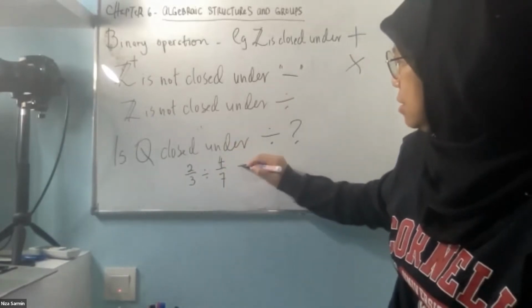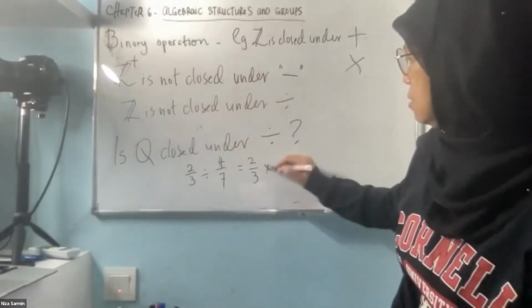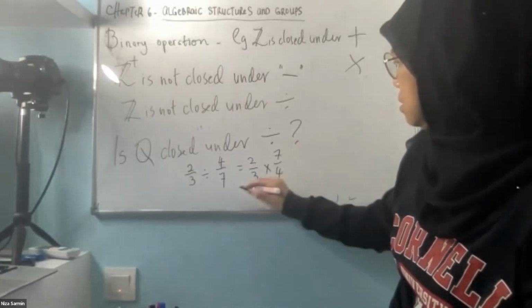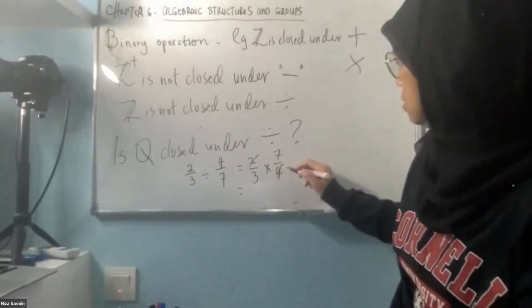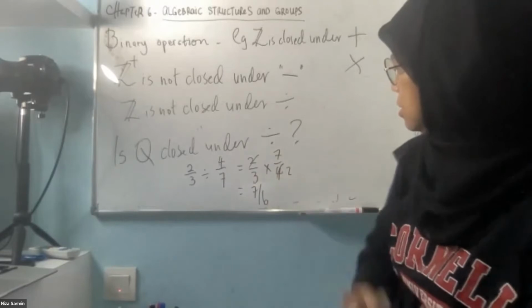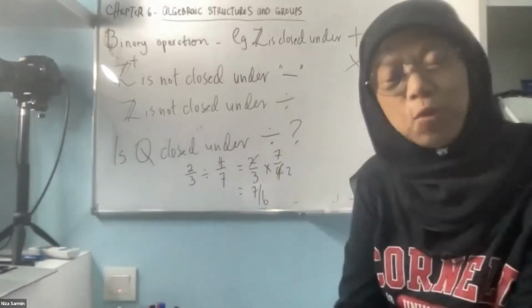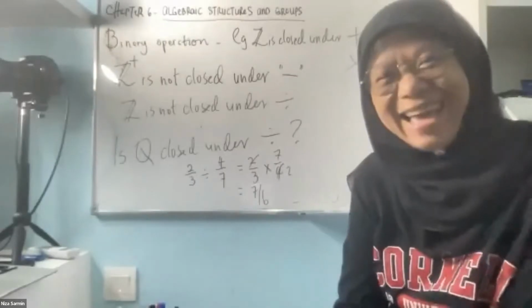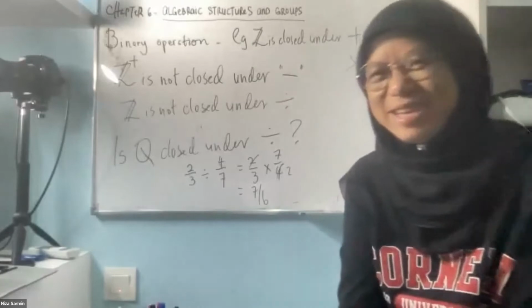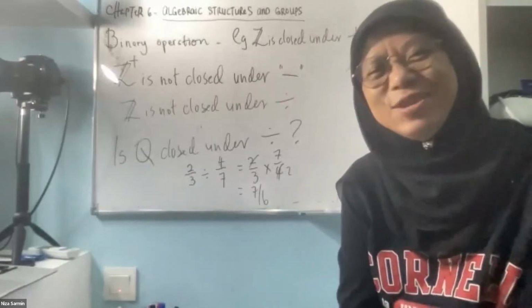Something like this. This is 7/6. It's still Q. Why not? Oh, then yes, so. You changed the question so fast. The answer is still no.